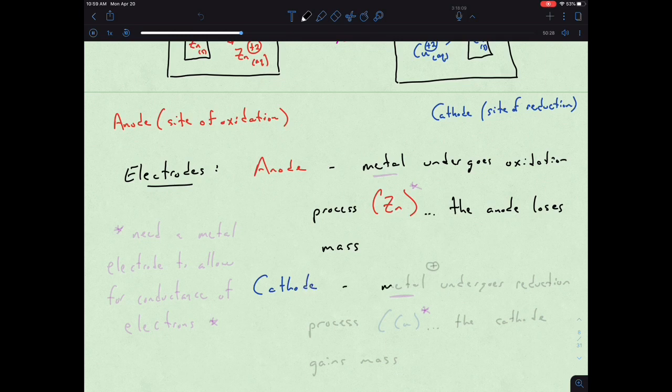And so this is the metal that undergoes, and we should say maybe, you know, charged metal that undergoes a reduction process. In our example here, that is the copper.